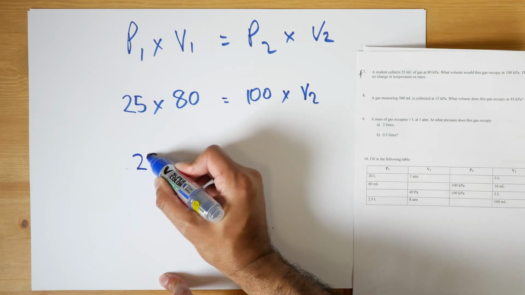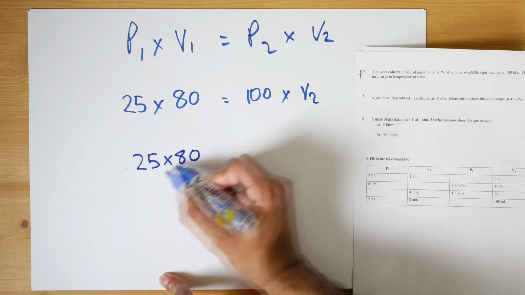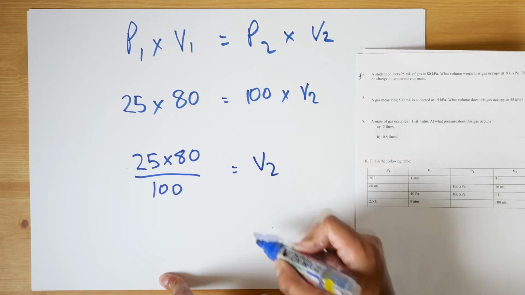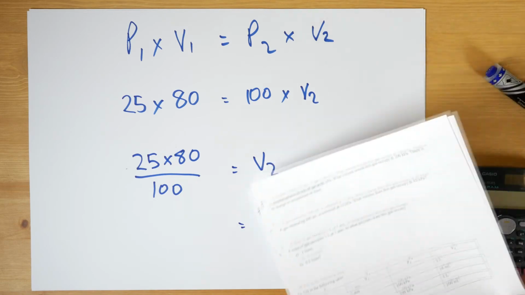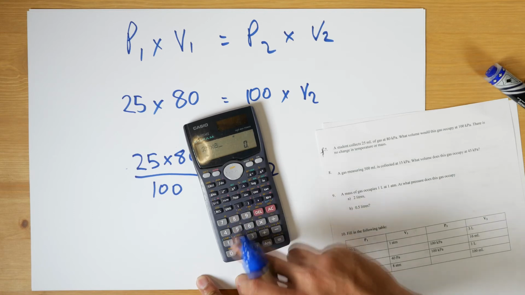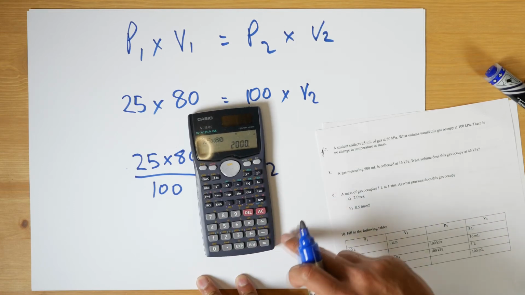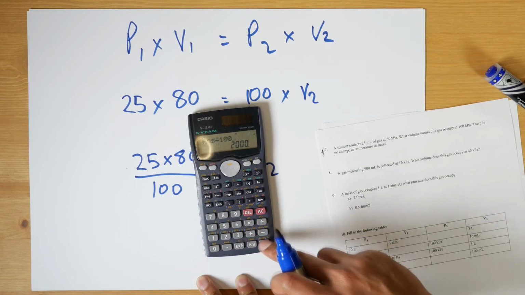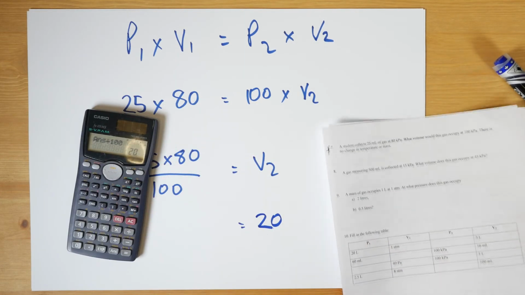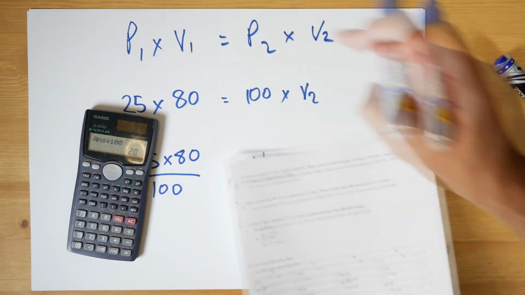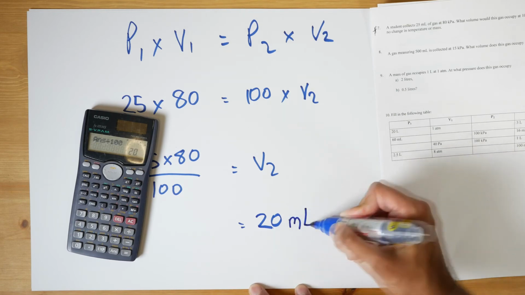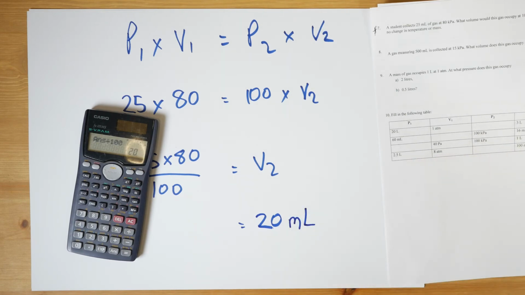So we end up with 25 times 80 divided by 100, which is equal to V2. Then you just simply work it out. 25 times 80 equals 2,000, divided by 100, which equals 20. Now I can't just write 20, I need to have my unit, and I use the same unit up there, and the unit was milliliters. Simple as that, very straightforward.